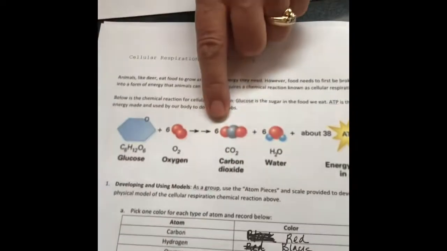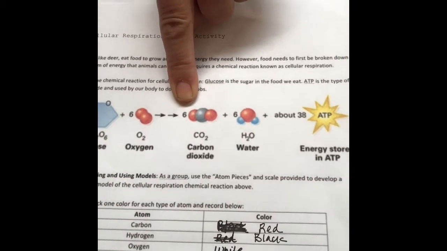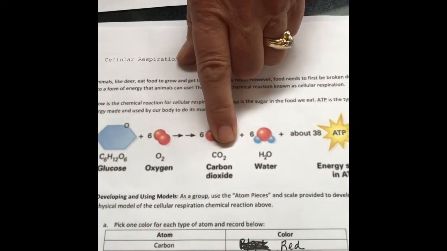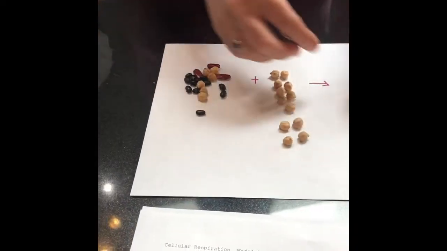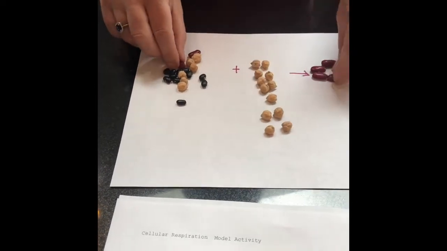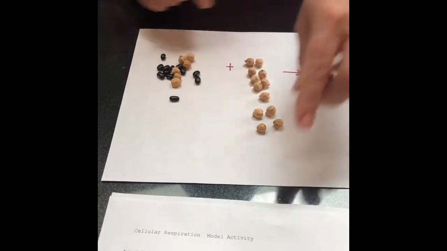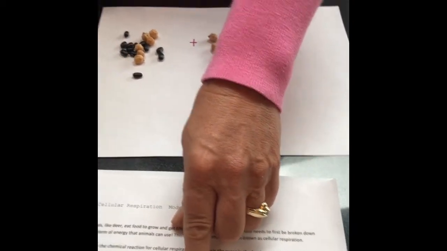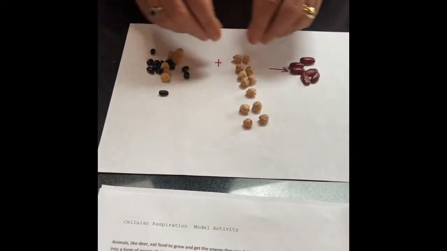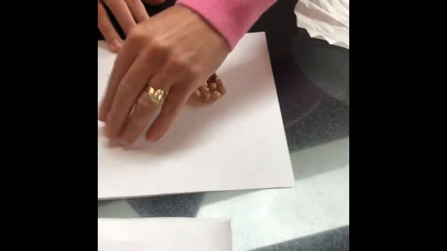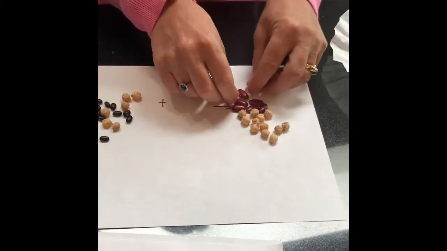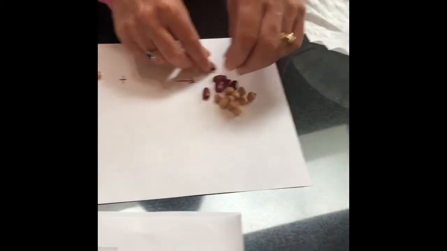So when we break down glucose in the presence of oxygen, we're actually pulling these bonds apart. You can see right here that one of our products is 6 molecules of carbon dioxide. So I'm going to take the 6 carbon atoms that were in glucose and put those over here. And I need 12 oxygens, which are the white ones. So that's all of these.